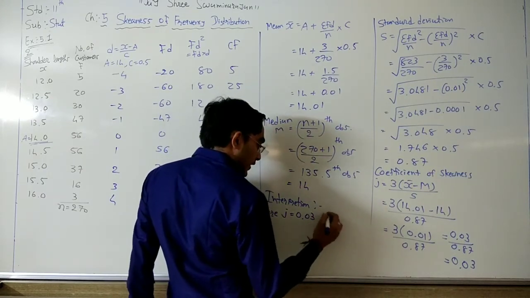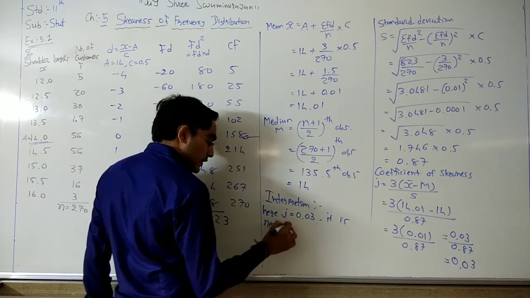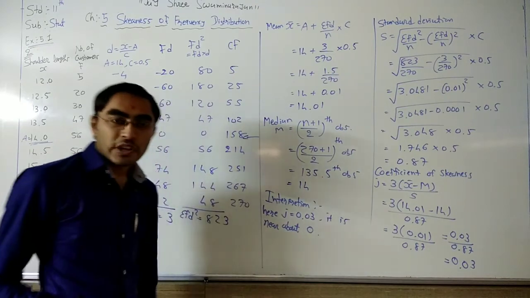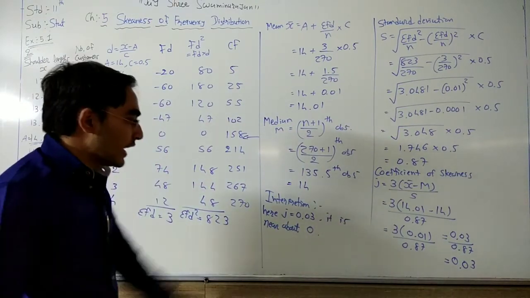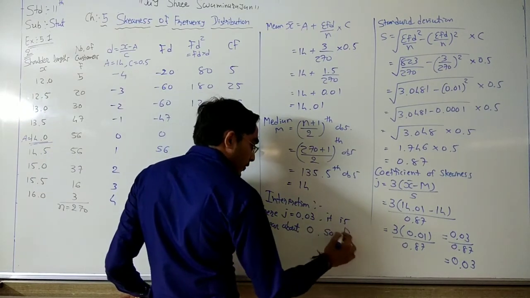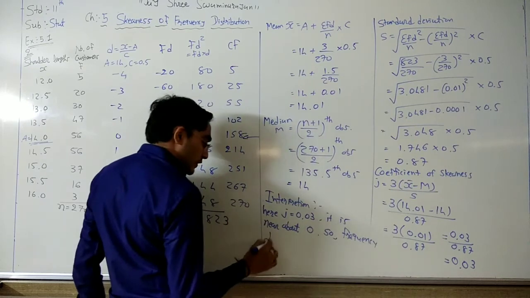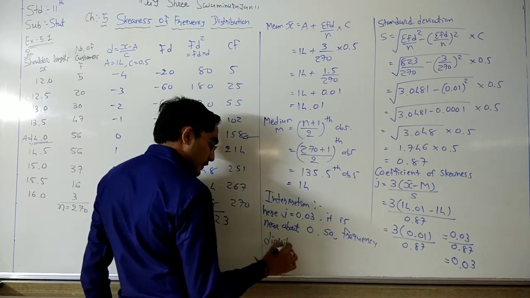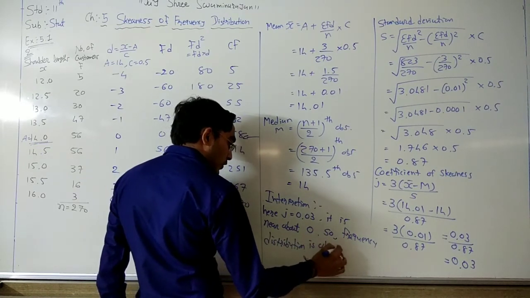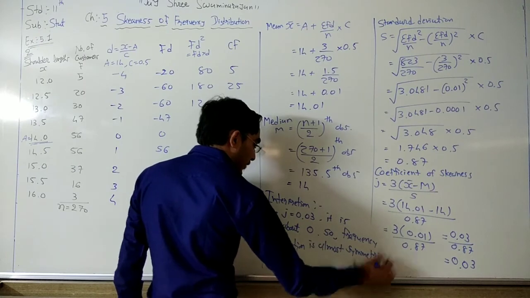It is near about 0. Here we have positive skewness, and it is near about 0. So the frequency distribution is almost symmetric.